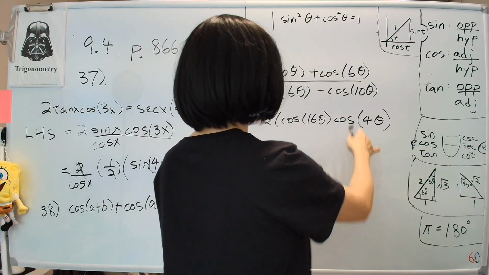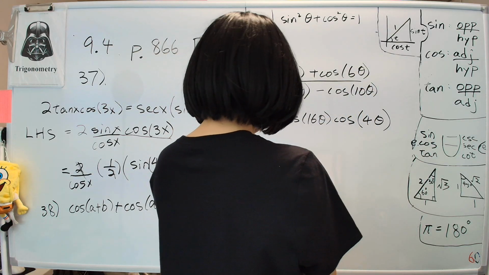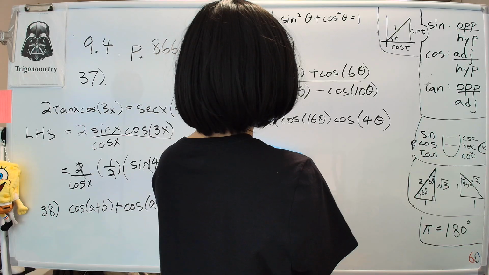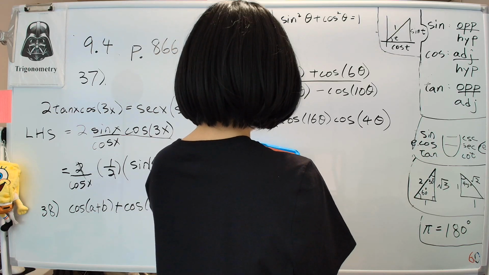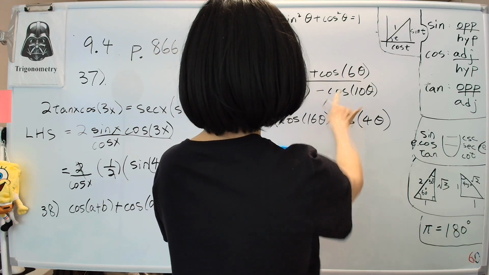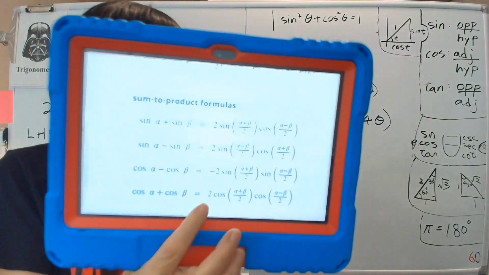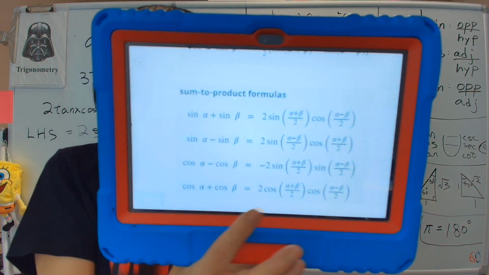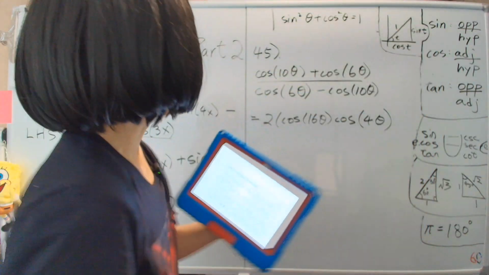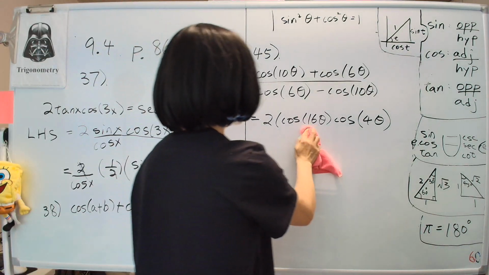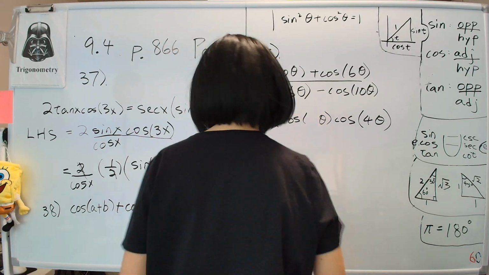If there's a negative sign here, we'll just trash it. Wait a second. Did I get it right? It's 10 plus 6, 16 over 2. I forgot to divide by 2, because the formula says it's alpha plus beta, but divided by 2. So let's do that. Alpha plus beta divided by 2. So it's not 16, there's only 8.